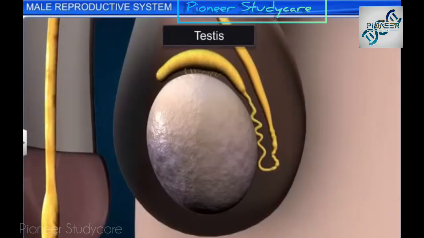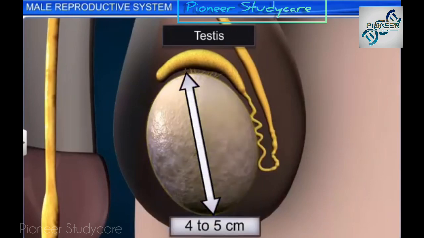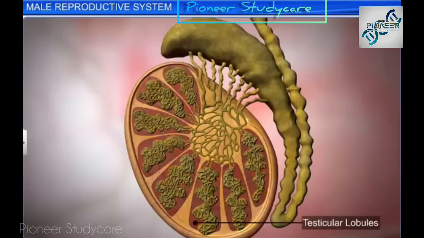The testes are oval in shape, with a length of about 4 to 5 centimeters and a width of about 2 to 3 centimeters. The testes are surrounded by a tough connective tissue capsule called the tunica albuginea. Each testis has 250 compartments called testicular lobules.